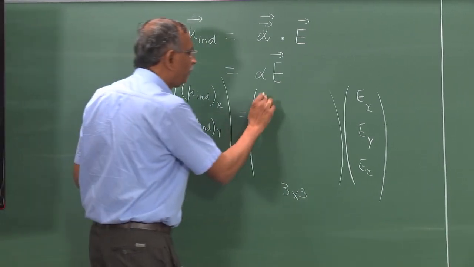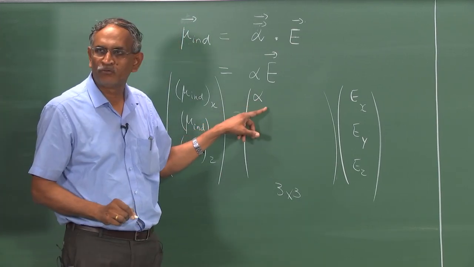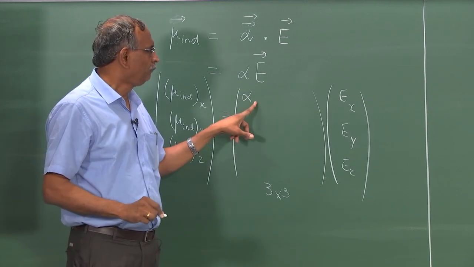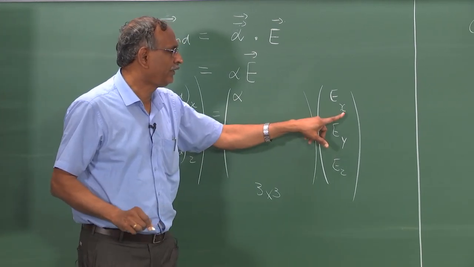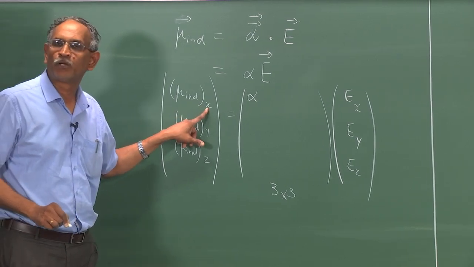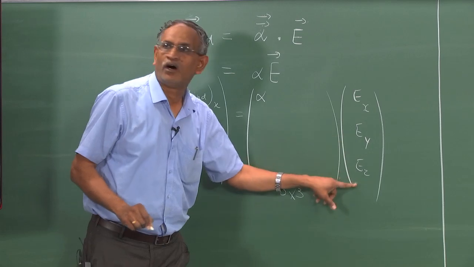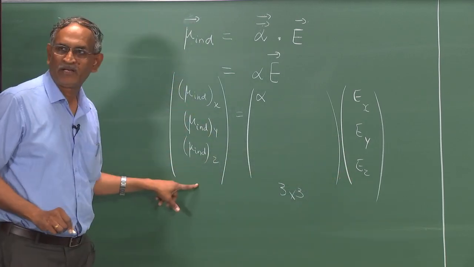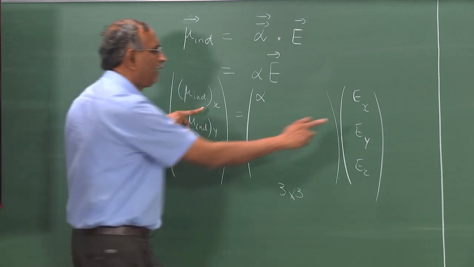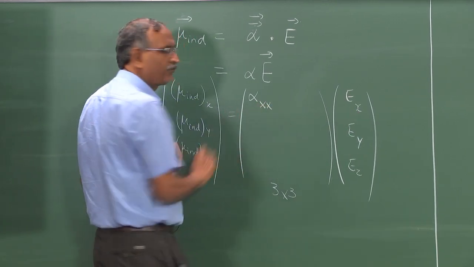and the components of alpha, the indices that you see here, are not 1 1, 1 2, 1 3, but they are related to the direction on this side as well as the direction of the component on this side. This is the cause, this is the effect, and alpha connects the cause to the effect, and therefore the directions of the cause and the effect are written as xx.